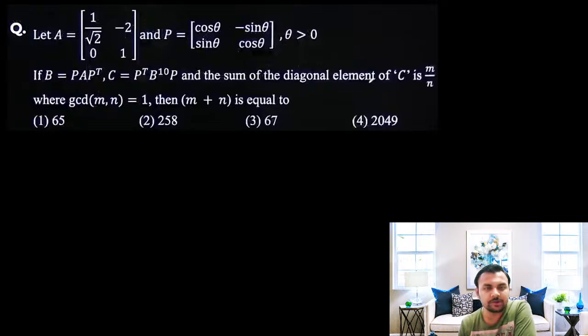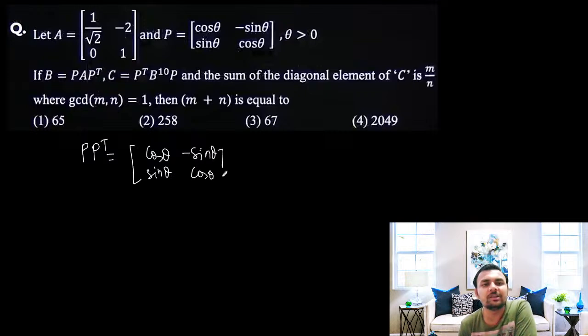Okay, so now we are on this question. For this, we know that B is P transpose. So can we work on first P into P transpose? It is cos theta sin theta, minus sin theta cos theta, and the transpose of this is nothing but cos theta minus sin theta, sin theta cos theta.